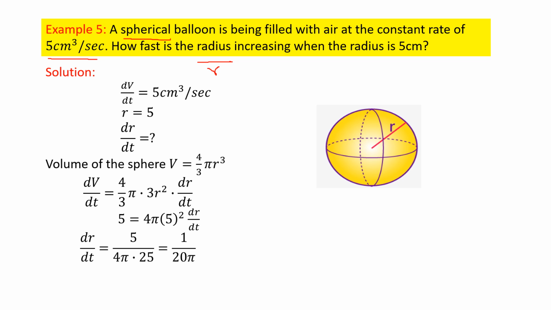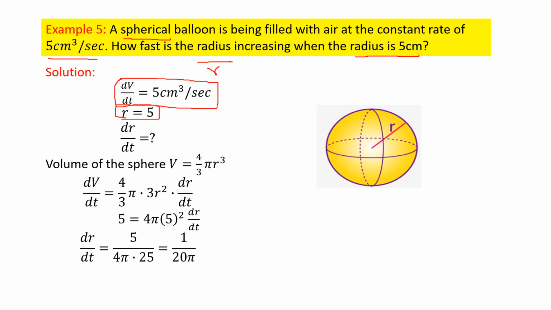So if you are filling the spherical balloon with air, as the time increases, the volume also increases. So we can write dv by dt equal to 5 centimeter cube per second. And from the second line, we know that the radius of the given spherical balloon is 5. So r equal to 5.